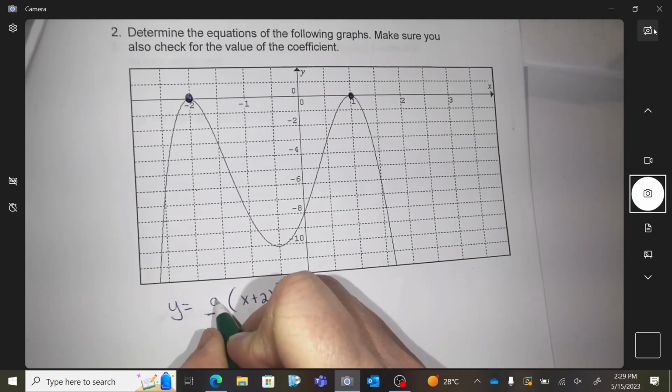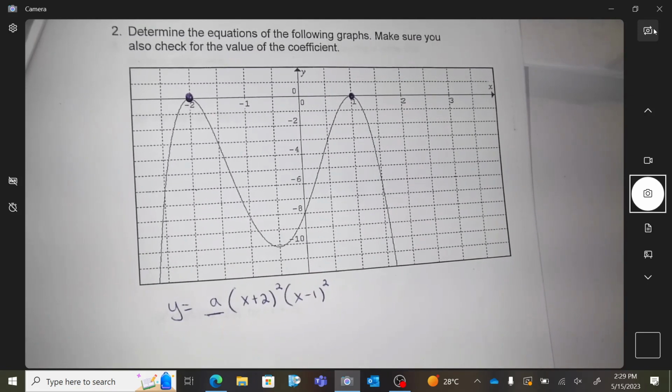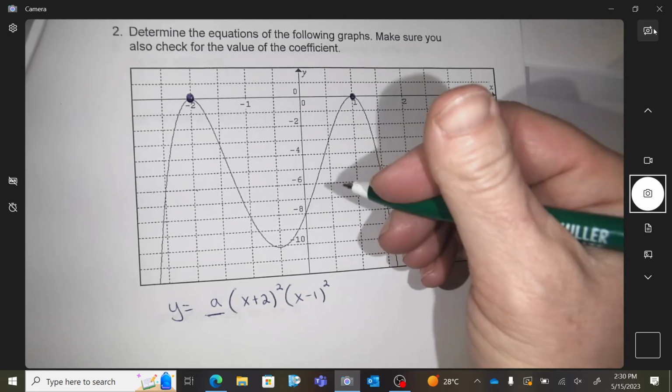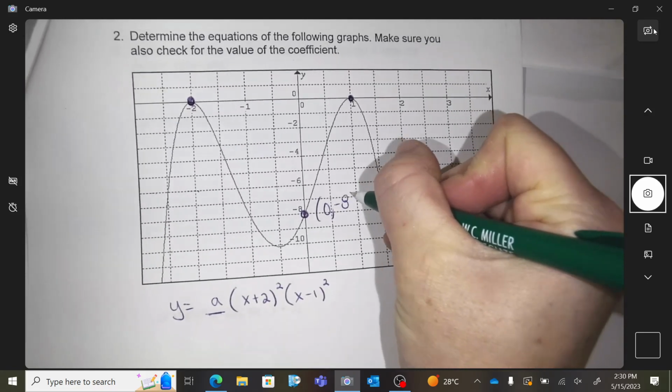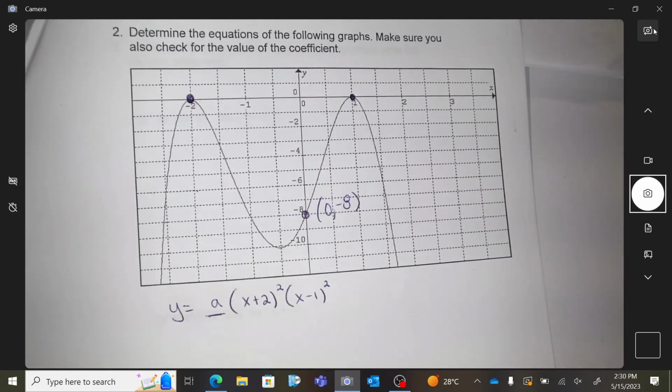Then there's going to be an a value in it. What is something you already know about a? Negative. Okay, so now what do I do? I plug in another coordinate, and I specifically am going to do the y-intercept because it's really easy to plug in with the 0 there.